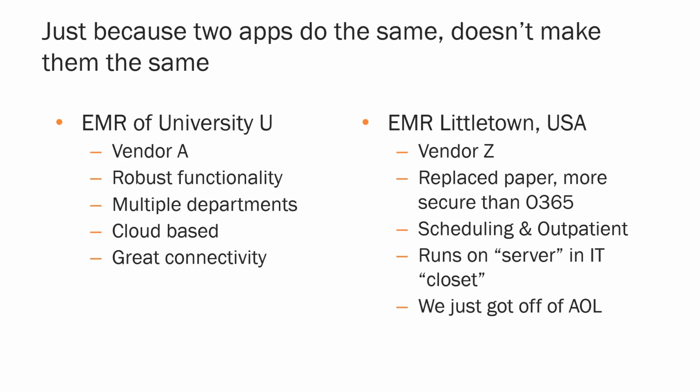Due to the lack of resourcing, they've only implemented the scheduling and outpatient functions on their digital journey. They do not have the same amount of IT support that the academic medical center has and have deployed their hardware in secure closets near the facilities department in order for them to be protected and ventilated. Their internet connectivity is also nowhere near as good as the academic medical center's.